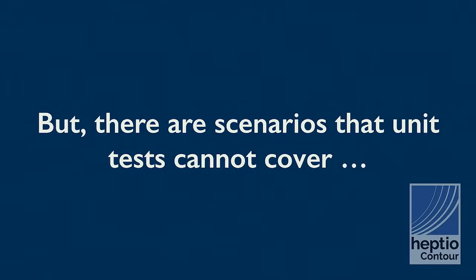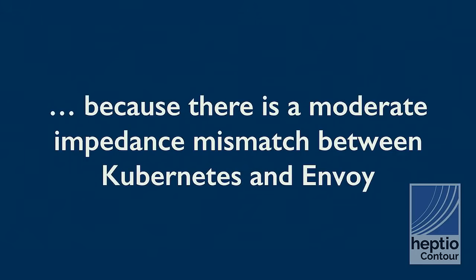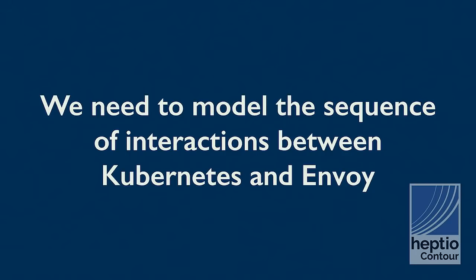But there are scenarios that unit tests can't cover because there's a moderate impedance mismatch between Kubernetes and Envoy. What we need is the ability to model not just a single interaction, I saw this object from Kubernetes, I expect this fragment, but a set of actions, because as you saw on the table earlier, some operations depend on others.